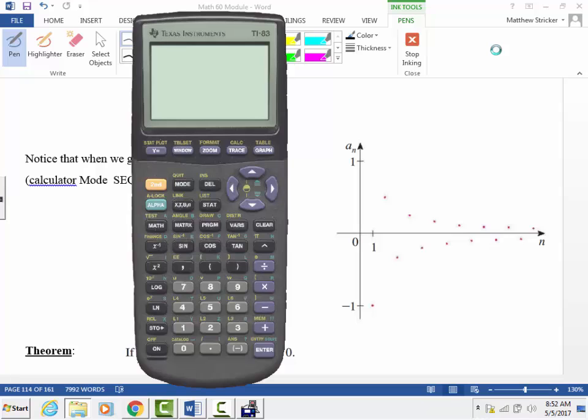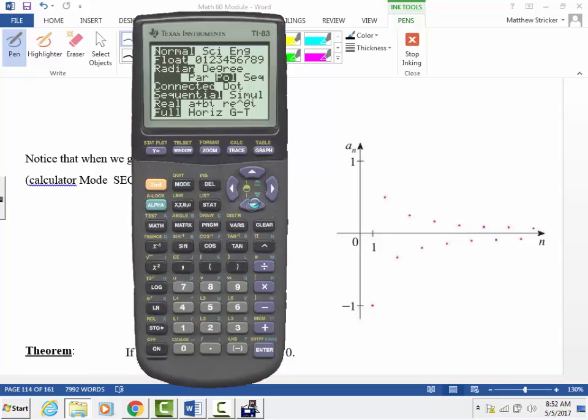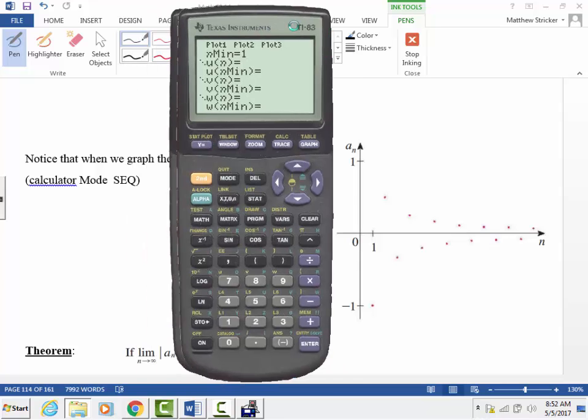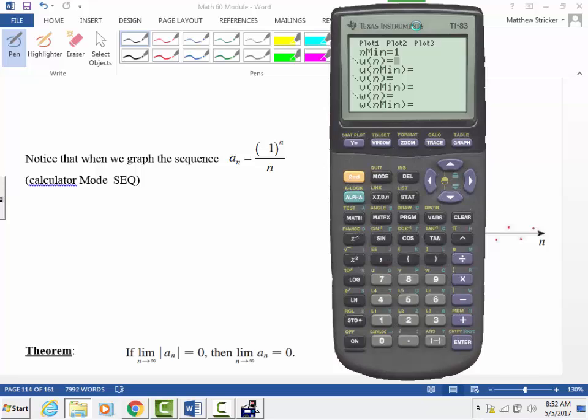And if you go to mode, and change it to sequence, and then go to your y equals, you're going to put it under the use of n. So this is what the sequence is. So in this case, our sequence is negative 1 to the n.